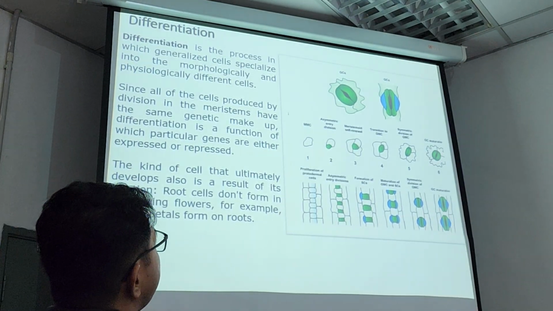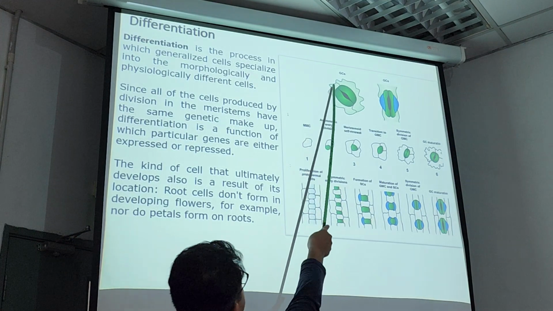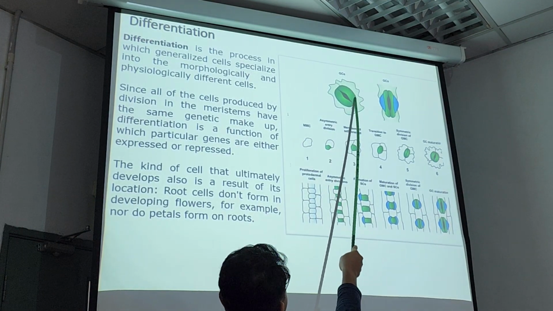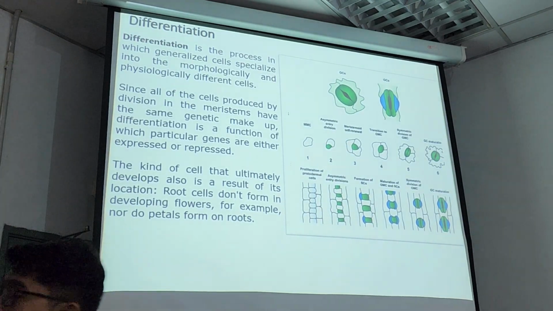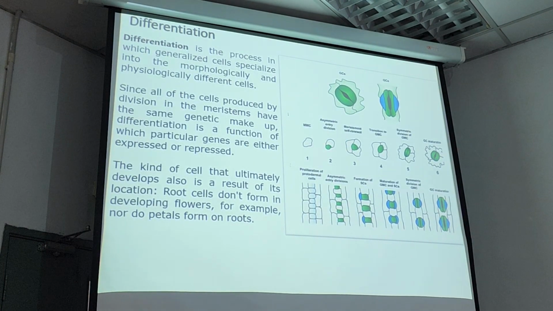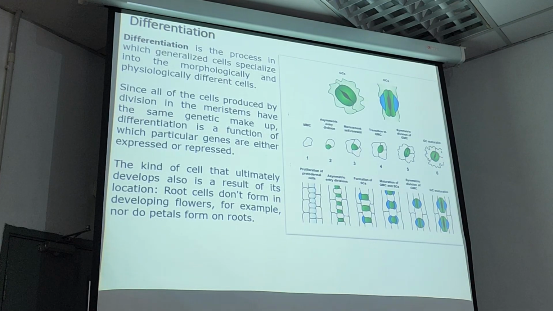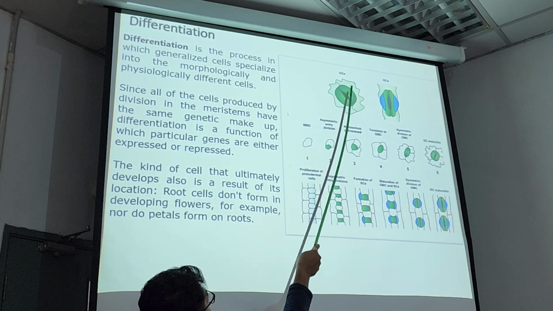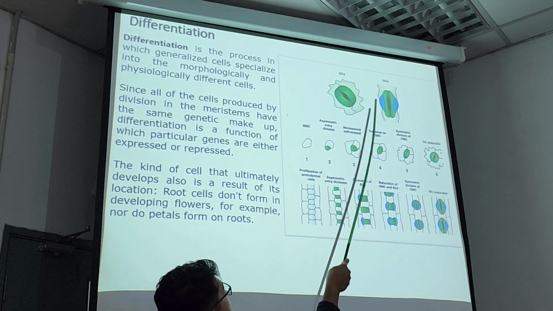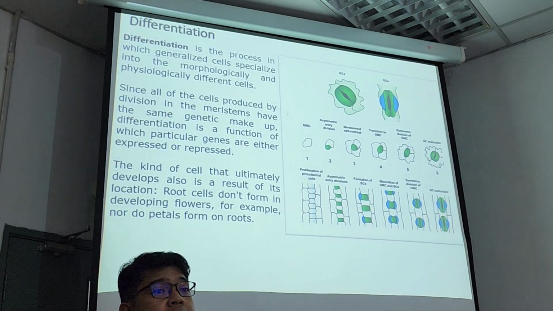So we have the stomata here. GC stands for guard cell. A pair of guard cells, the green here, is one stoma. Stoma equals a pair of guard cells. Okay, what about the cells surrounding it? That is actually called subsidiary cells.